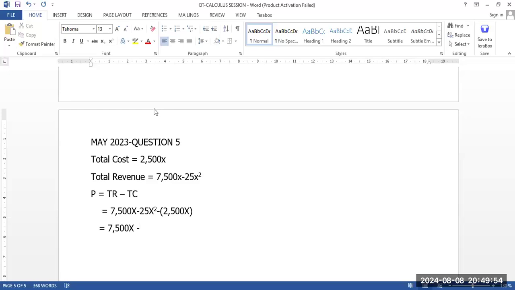So if we expand, this is negative 25x squared, then minus 2,500x.